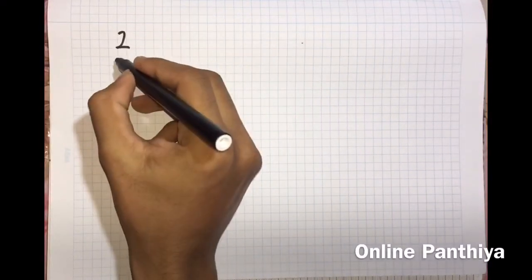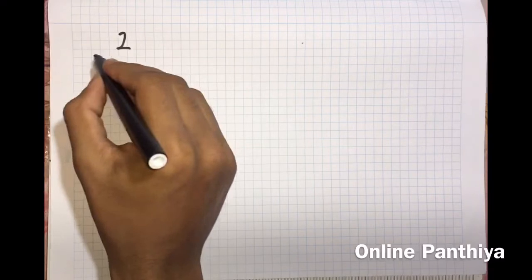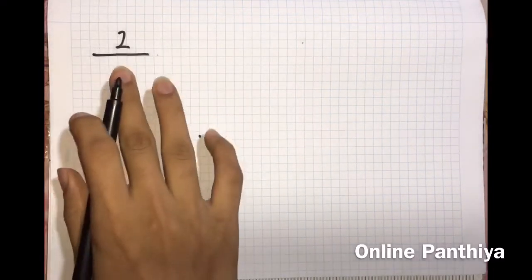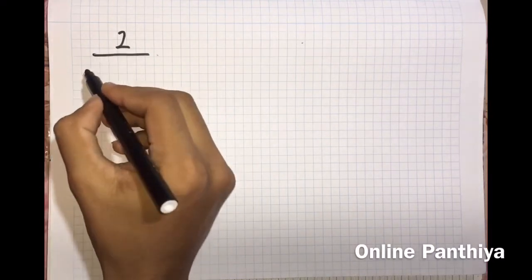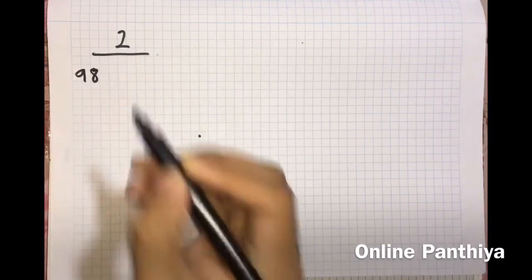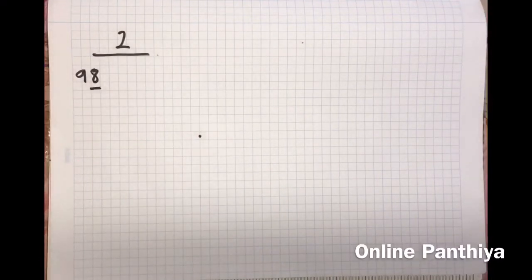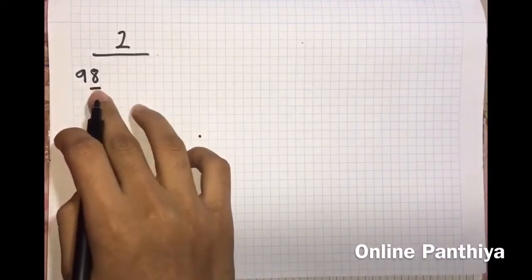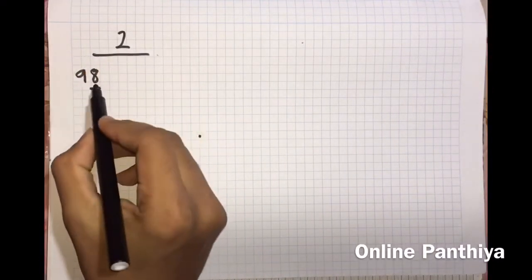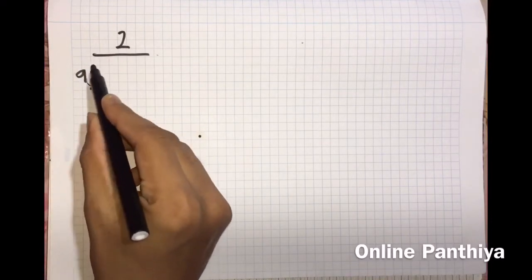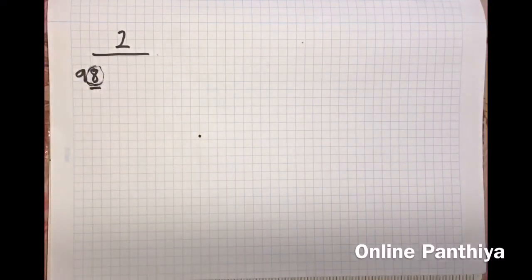Is it divisible by 2? How do you check? In order to check if a number is divisible by 2, look at the number at the ones place, that means the unit place. The example I took is 98. The number in the unit place here is 8.